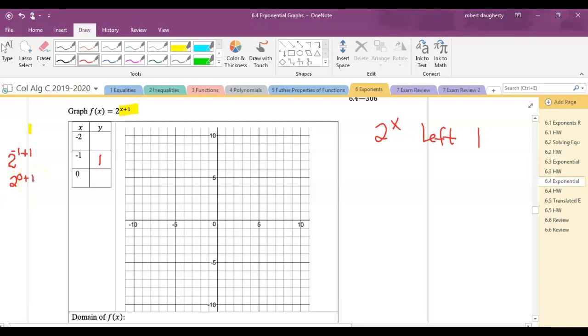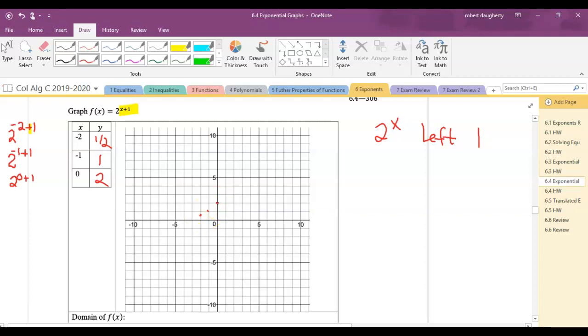That's 2 to the 1, which is 2. And then at negative 2, I get 2 to the negative 2 plus 1. What's negative 2 plus 1? Negative 1. What's 2 to the negative 1? 1/2, okay? So I'm getting these same points: negative 2, 1/2; negative 1, 1; 0, 2, okay?